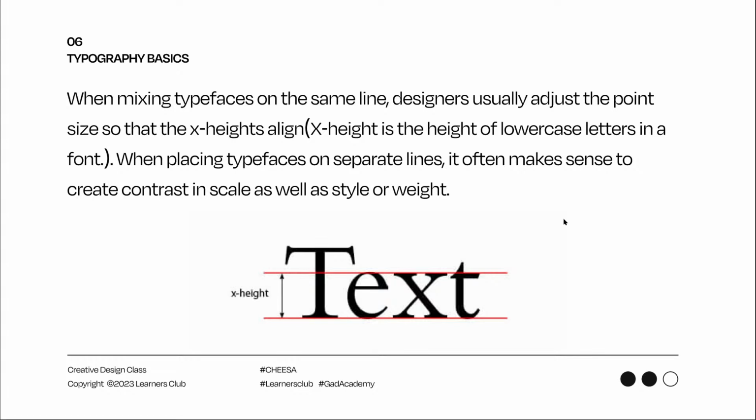Designers usually pair fonts by adjusting the size to match the X height, and this helps them to make it more readable. And so these are some of the things you should note.